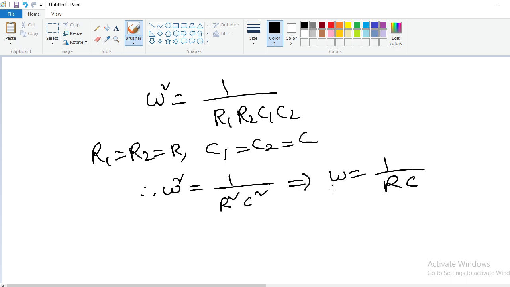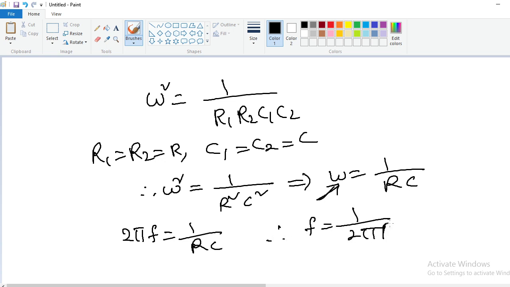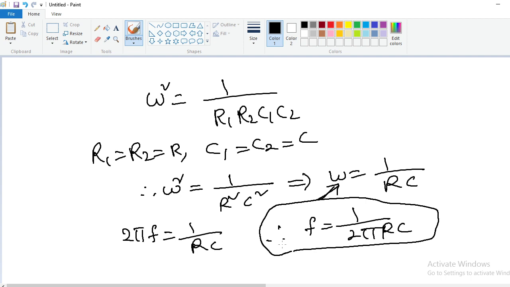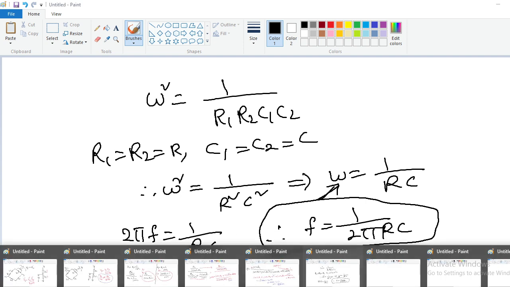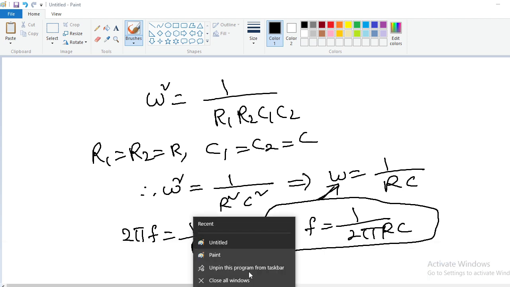Substitute the formula, 2 pi f is equal to 1 divided by RC. Finally, we'll get f is equal to 1 divided by 2 pi RC. This is the frequency of oscillations in the Wien bridge oscillator circuit. Now, what happens if we equate the imaginary terms?